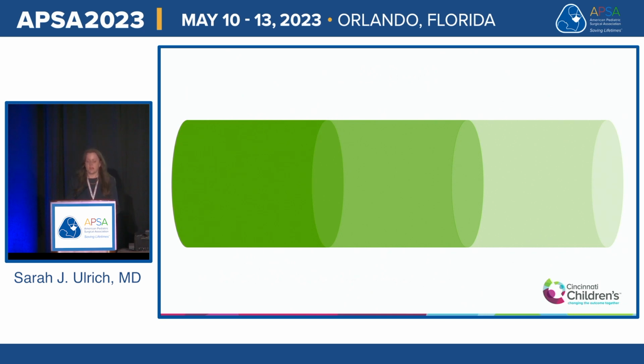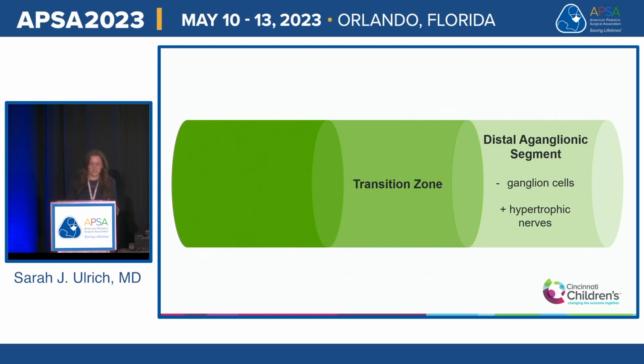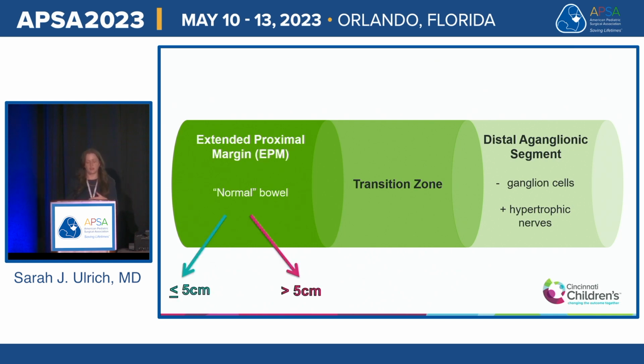When reviewing the pathology specimens, we defined 3 areas of the specimen: the distal aganglionic segment, where ganglion cells were absent and hypertrophic nerves were present, the transition zone, and the extended proximal margin, which is the length of resected colon that's normally ganglionated. And for our analysis, we categorized the extended proximal margin as either greater than 5 centimeters or less than or equal to 5 centimeters.